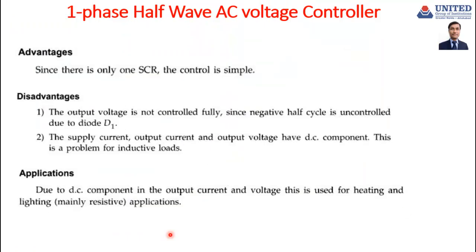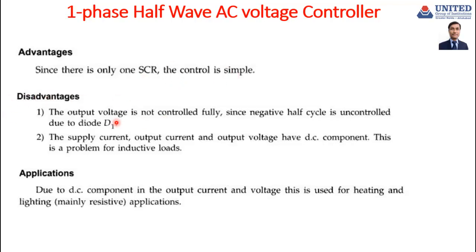Now let us see the advantages and disadvantages of single phase half wave and full wave AC voltage controllers. In the case of the single phase half wave AC voltage controller, there is only one SCR, so control is very simple.